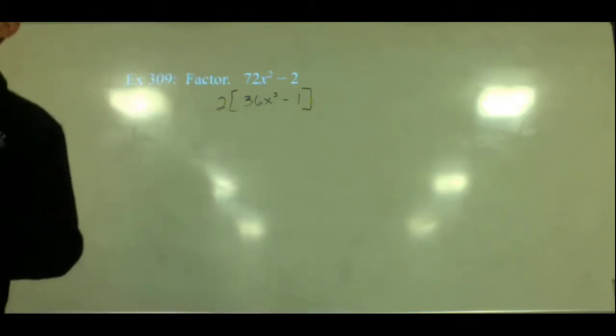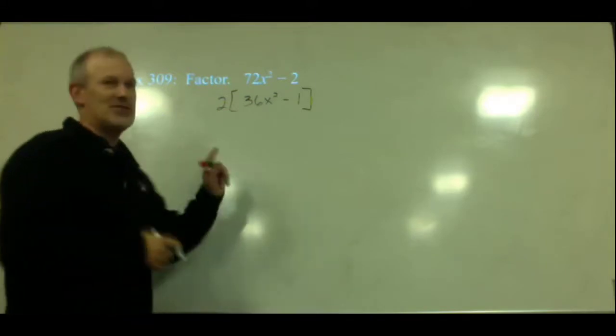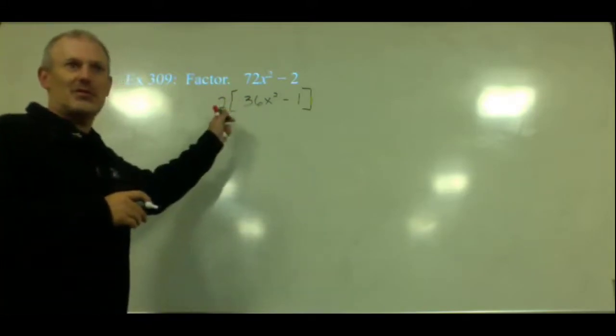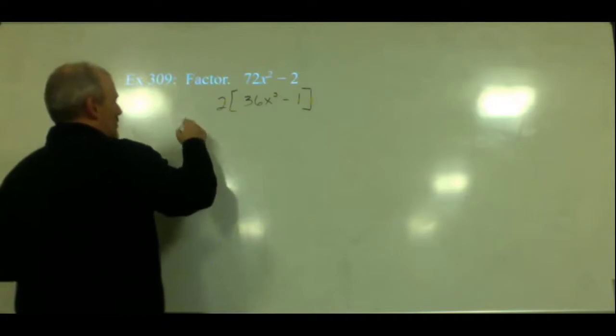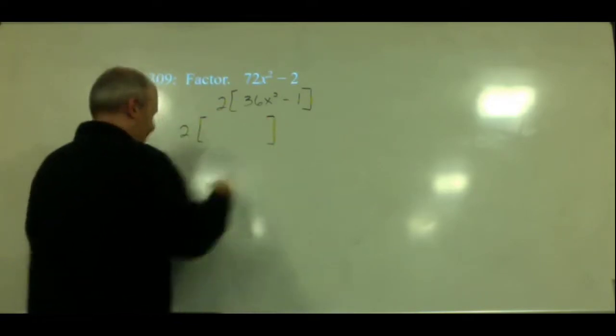36 is a perfect square, and 1 is a perfect square. So now we recognize, oh, this actually is the difference of squares pattern. It was just hidden by this 2. So again, we're going to put the 2 out here, and we're going to see if we can make it look like our pattern.